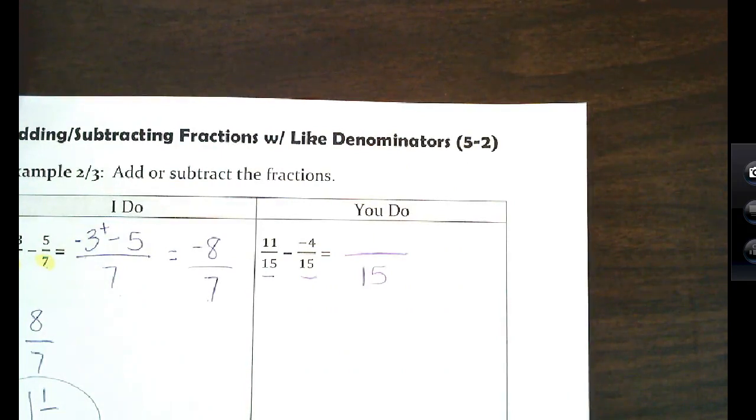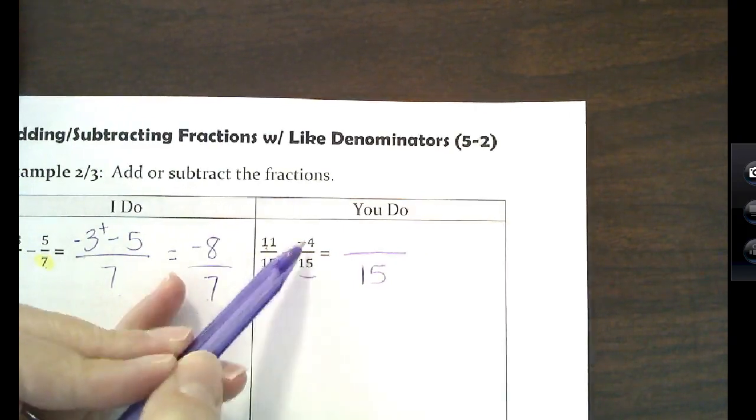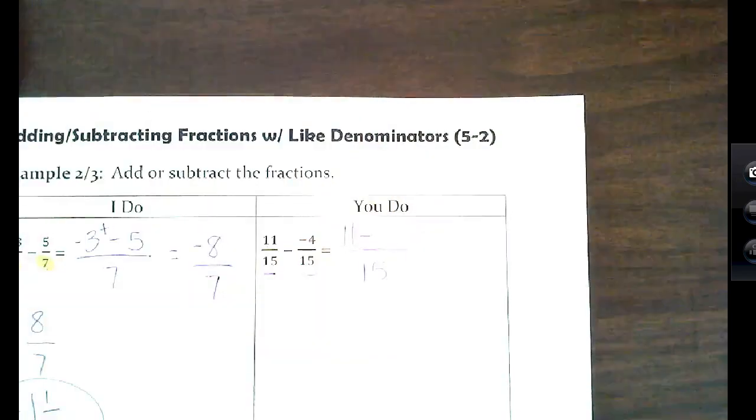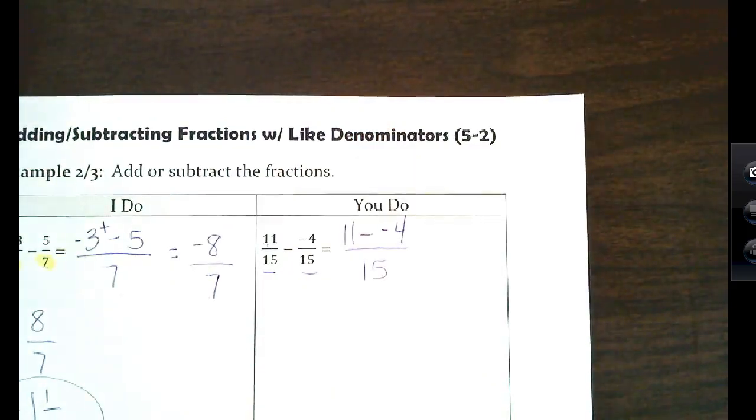In my numerator, I have 11 minus a negative 4. So I'm going to write 11 minus negative 4. What do you guys remember about that minus and negative? Even simpler than switch. It's technically addition. Very good.